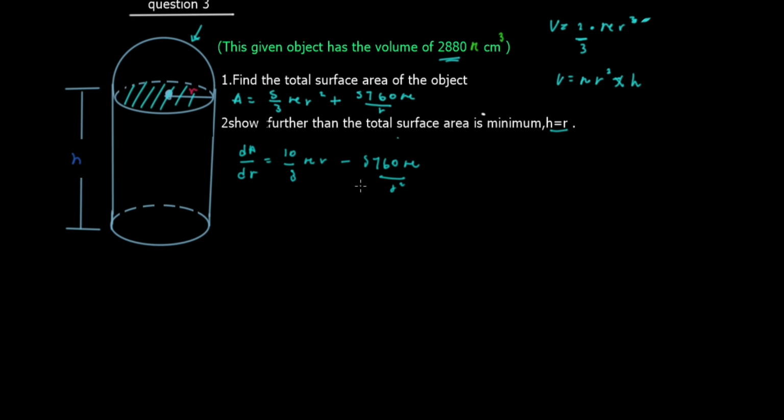And then find the second derivative, because we are proving that this is the minimum.